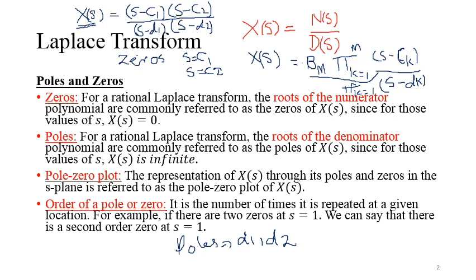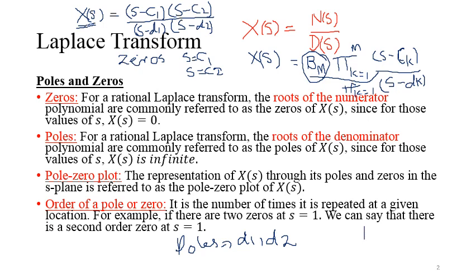This is the scaling factor, so except for this one, the poles and zeros uniquely specify X(s). Except for the scaling factor, the Laplace transform is completely specified by the poles and zeros in the s-plane.